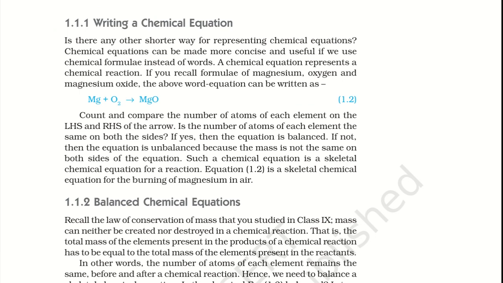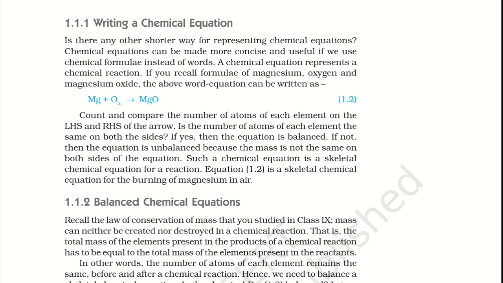Now as we have gone through, chemical equations are representations of chemical reactions in terms of symbols of elements and formulas of compounds involved in the reaction. The substances that enter into a chemical reaction are what we call reactants, and the substances which are formed from that reaction are what we call products.